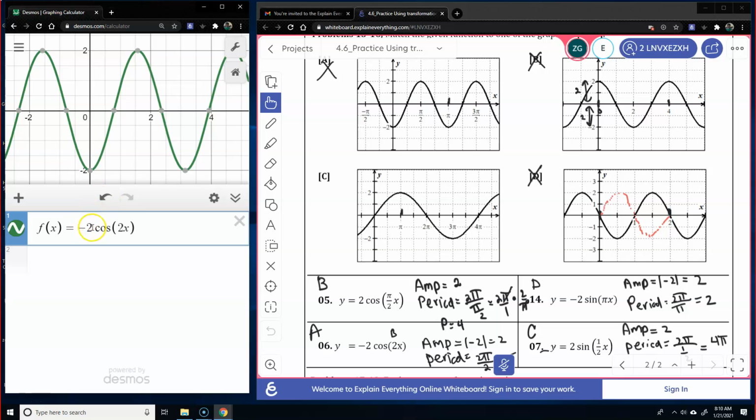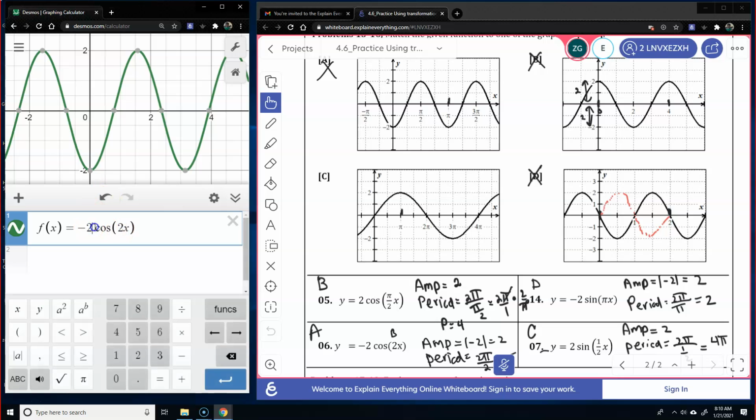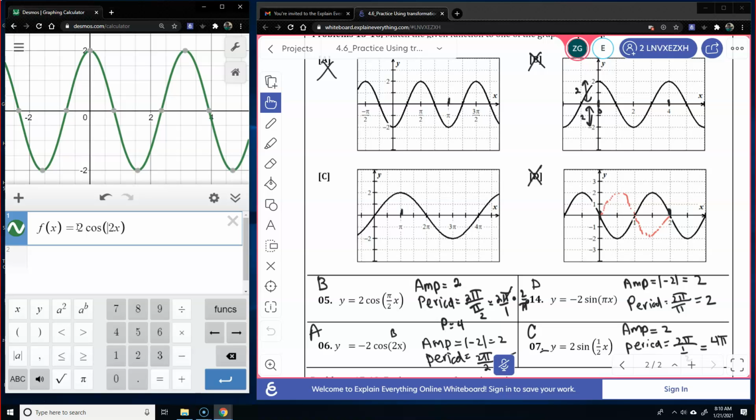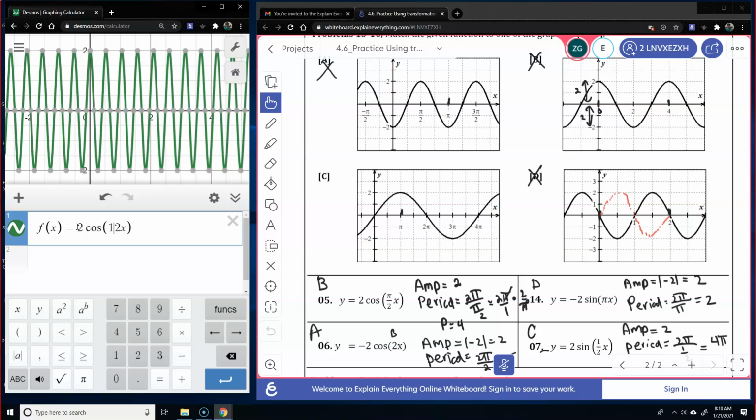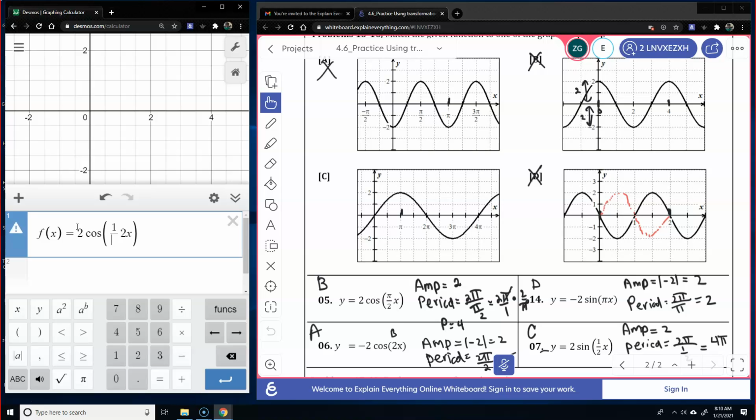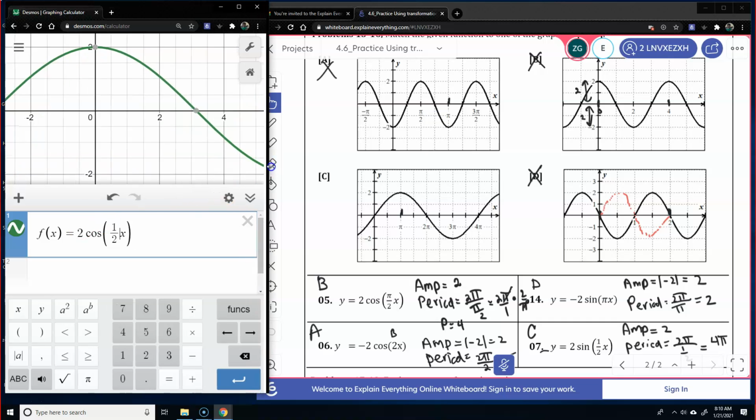And so if you want to check, what you have to do here is you do 2, and this is 1/2. This is 1/2. And I'm going to go ahead and make it larger.